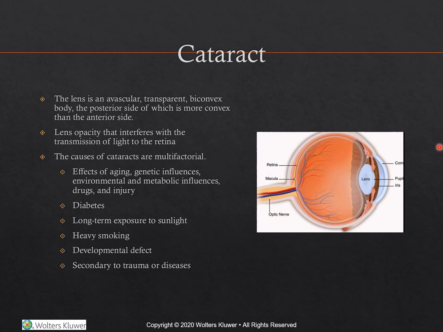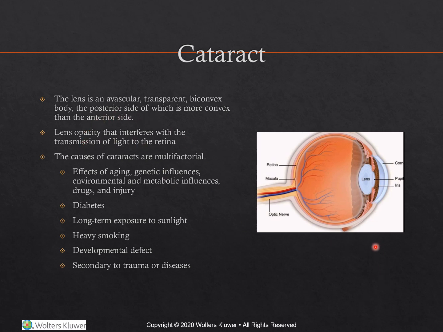And what happens in a cataract, the lens itself of the eye, which is right here, is avascular, and it's usually transparent, and it has this biconvex body shape. The posterior side is more convex than the anterior side. But the big thing to understand here is that it should be transparent.